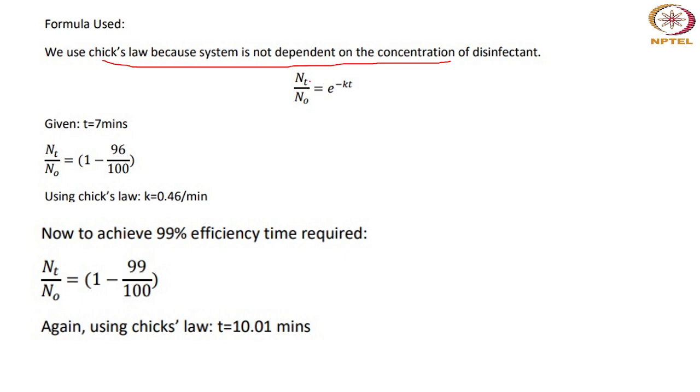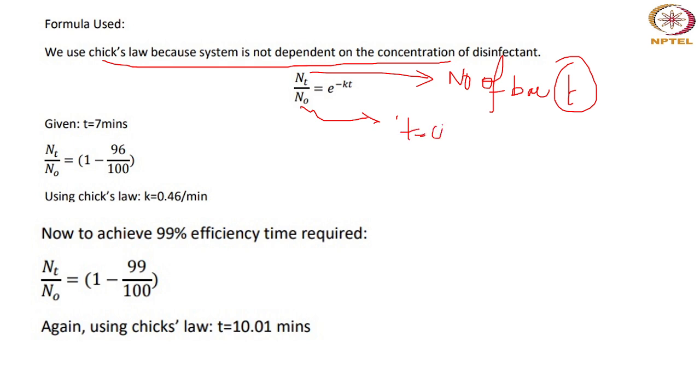Chick's law is something like that: Nt divided by N naught. Nt is the number of bacterial cells, or the microorganisms, at time t. N naught is the number of bacterial cells or microorganisms at time 0, the initial time. We are using chlorination.